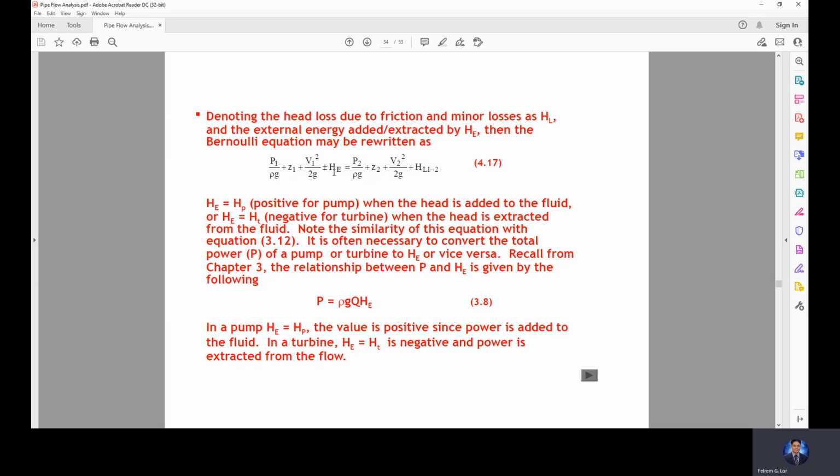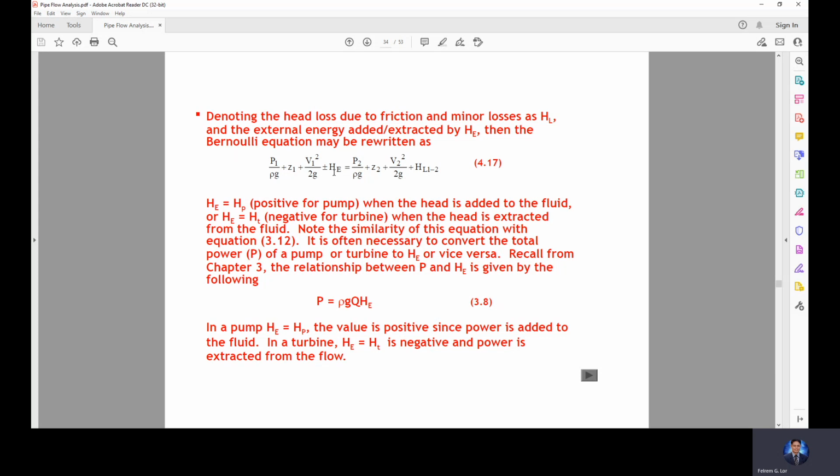So, power of the pump is given as rho G. Actually, it's gamma, unit weight or density times G times Q times the energy added or extracted. So, ang imong pump, di ba, naa man na siya power rating.